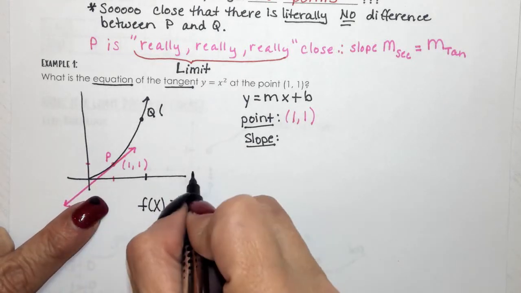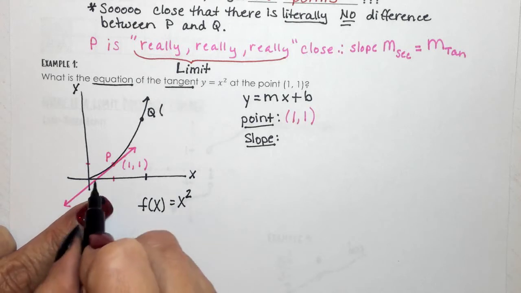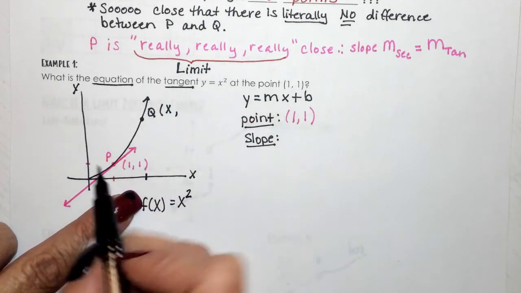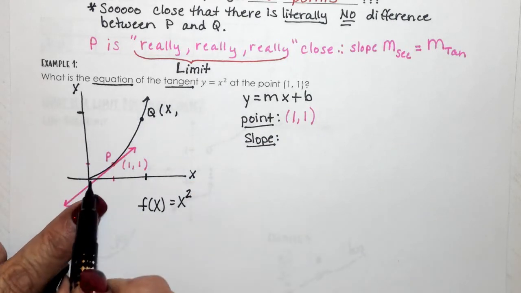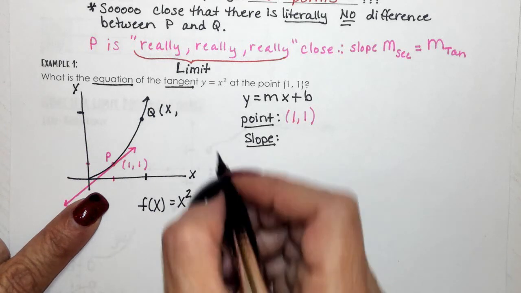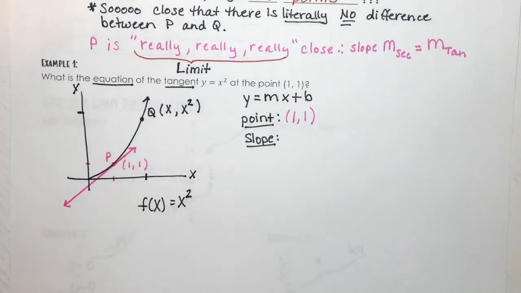This is the x-axis, this is the y-axis. If I go over x, I would go up x squared. It would be whatever that function is, f of x, if you want to look at it that way.